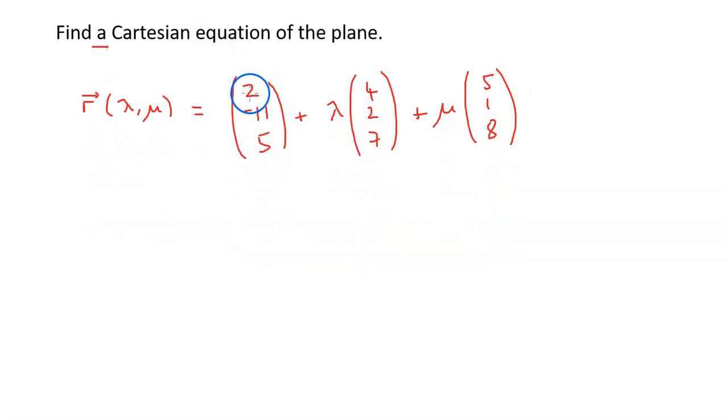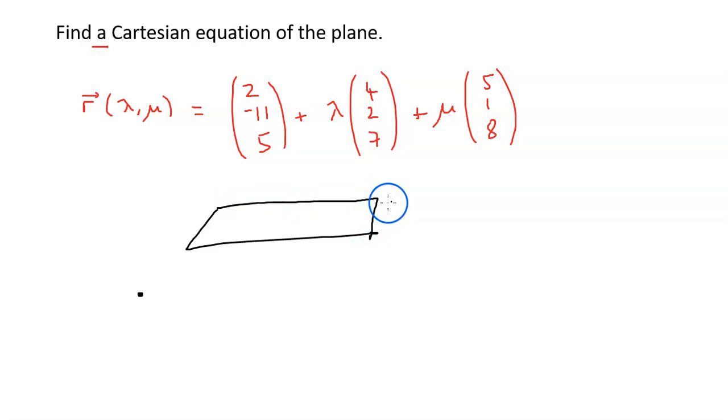And we see that this (2, -11, 5) is a vector that takes us from the origin onto the plane. So this can be our plane pi1. Let's say this point here is P.